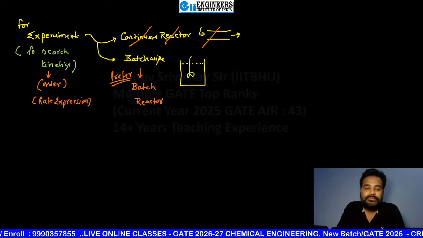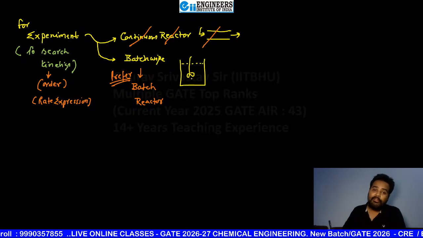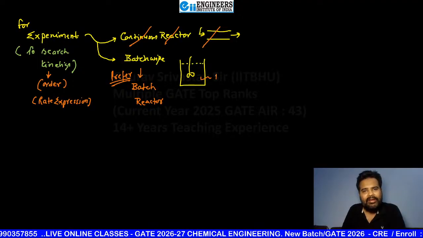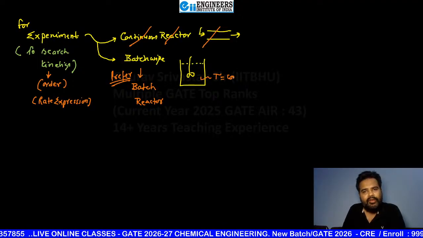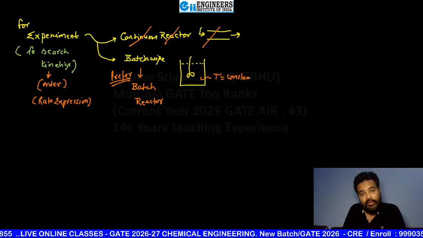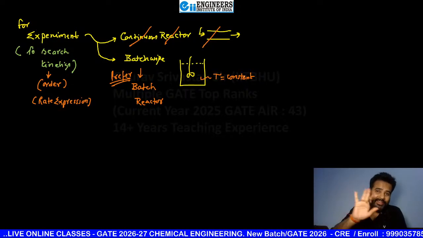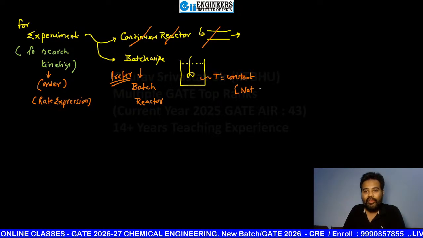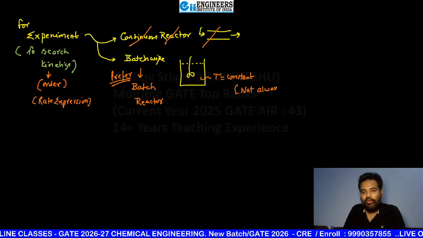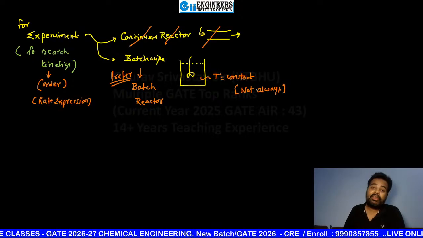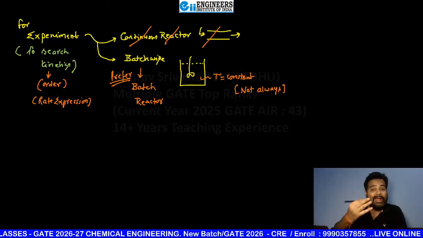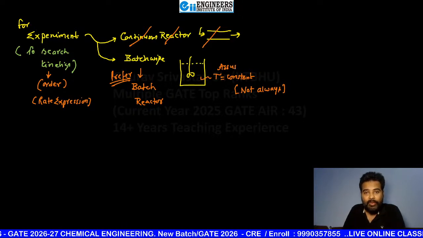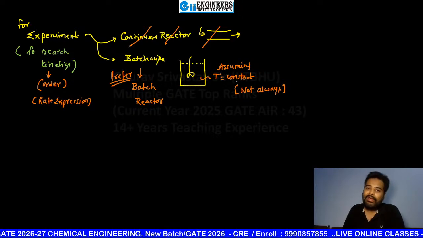So clearly we are going to do it batch wise, and we are also trying to maintain temperature constant here. This is not always the case, but here I am assuming that temperature is constant.